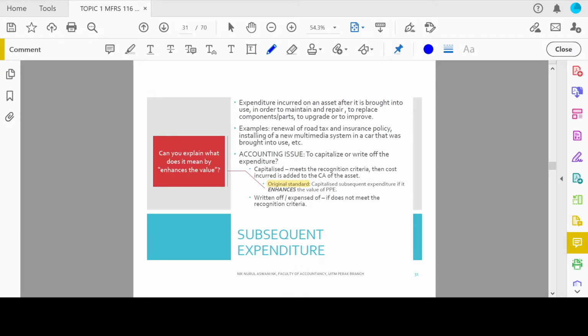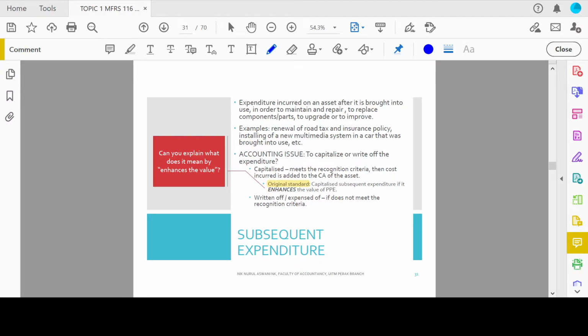Based on the original standard, to capitalize the subsequent expenditure, in order for it to meet the first recognition criteria, probable that future economic benefit flows to the entity, we have to look at the enhancement criteria of the subsequent cost. Does it meet the enhancement criteria?